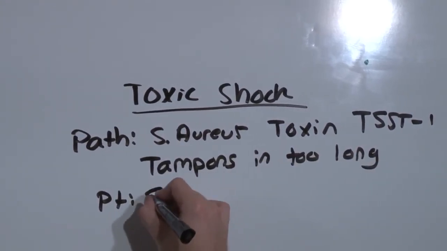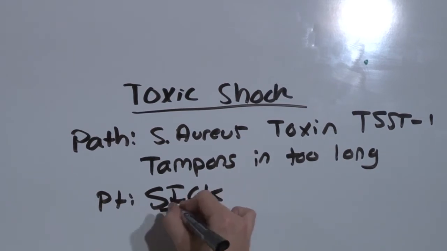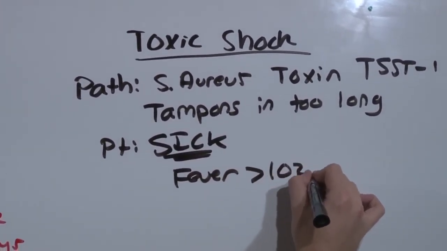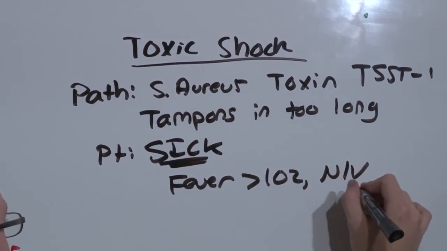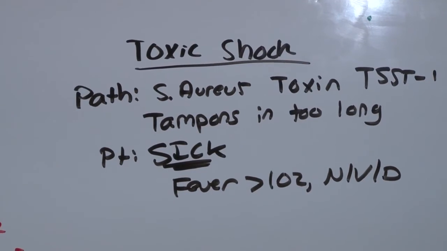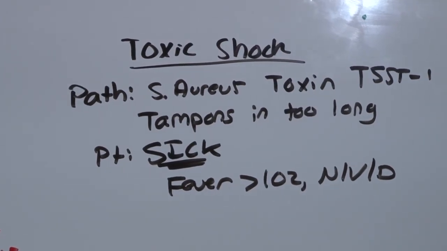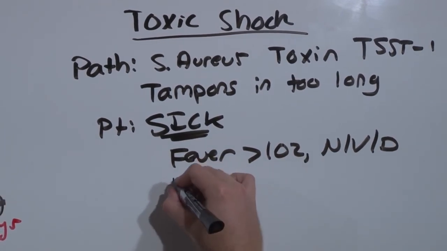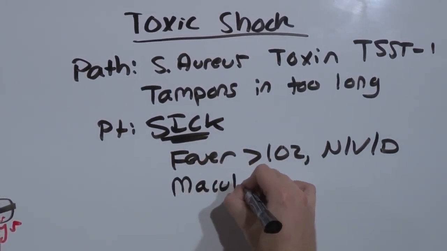These patients are sick. They have a fever greater than 102. They're going to have nausea and vomiting, maybe some diarrhea. But the thing that separates toxic shock syndrome from all of these other gynecologic infections is the rash and desquamation. There's going to be an erythematous macular rash.